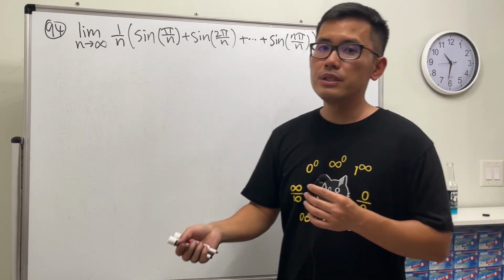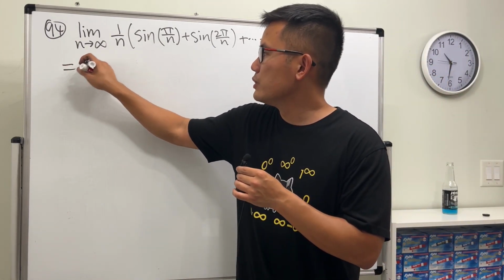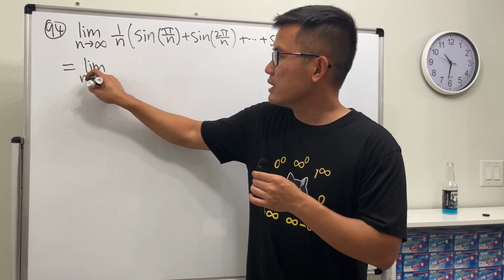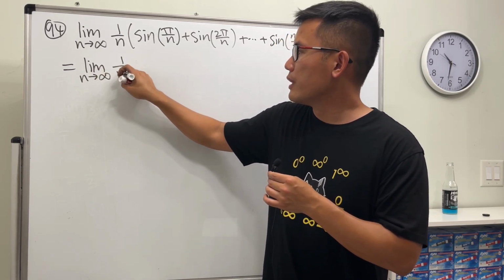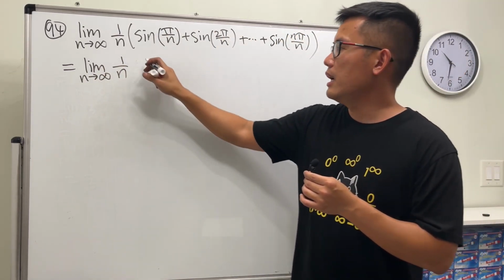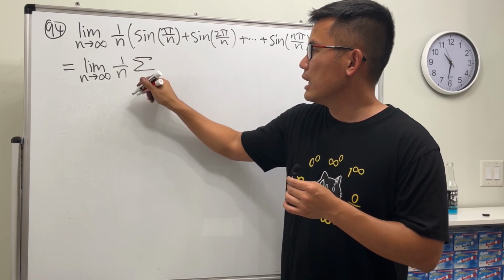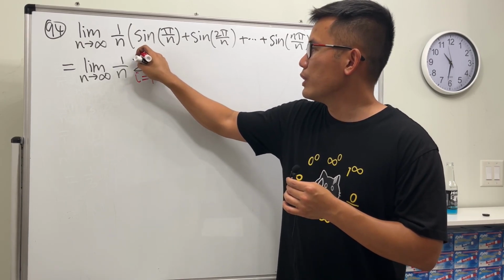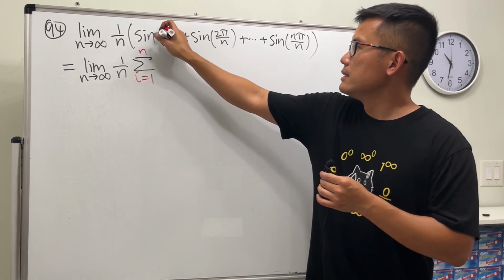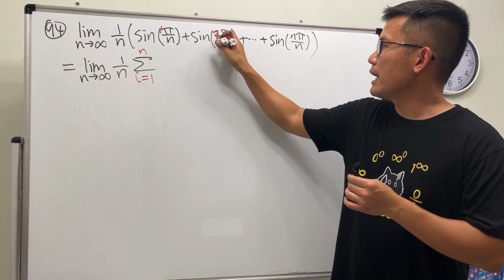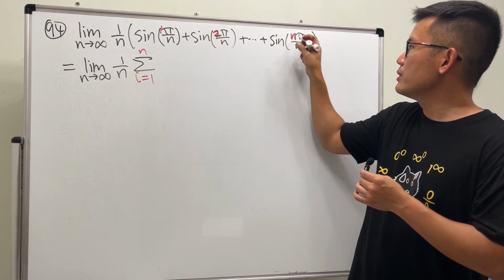Alright, let's put this in the sigma summation first, which is just the limit as n goes to infinity, 1 over n. All this can be put as the summation. i goes from 1 to n. 1 pi, 2 pi, 3 pi, so on, so on, so on, up to n pi.